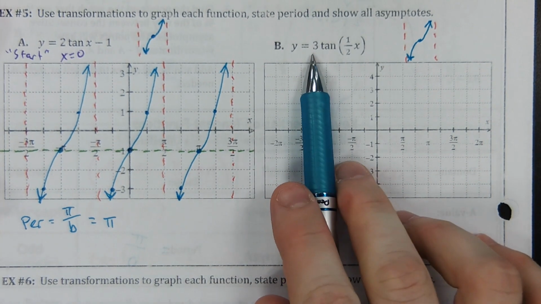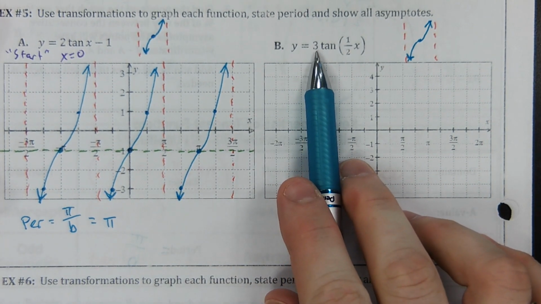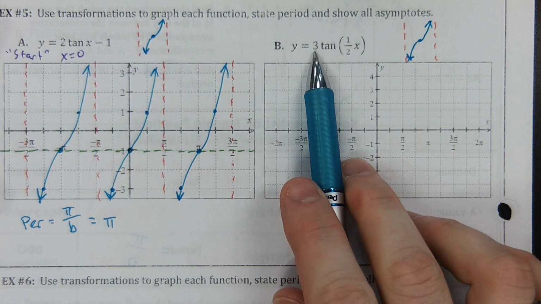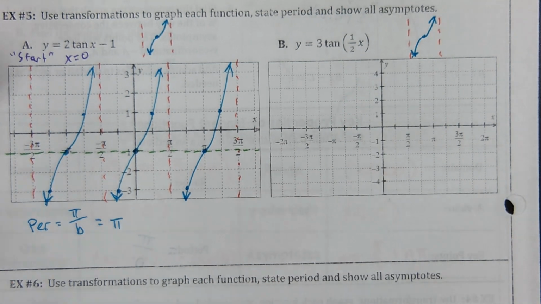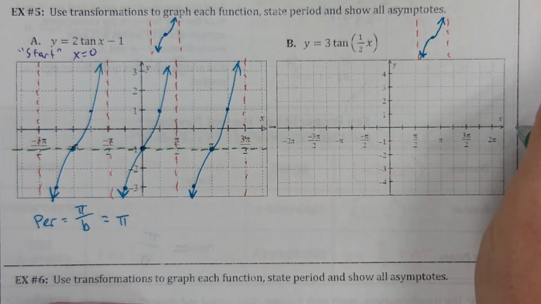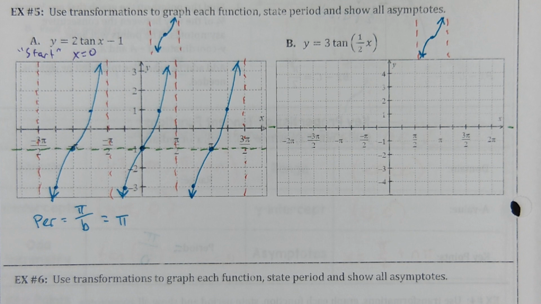Of course, it's going to be up and down 3 from the line where our inflection points are found. Since there's no vertical shifting, that line of inflection points is the x-axis. So we're going to positive 3 and negative 3 for our 45, 45, 90 triangles, halfway between the inflection point and the asymptote.